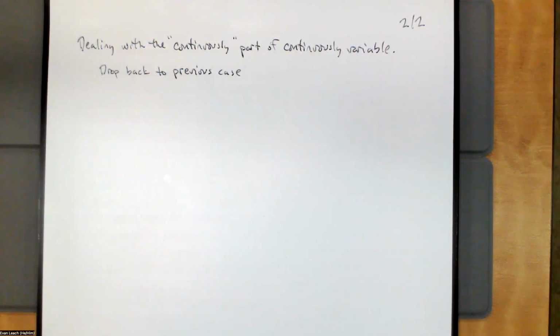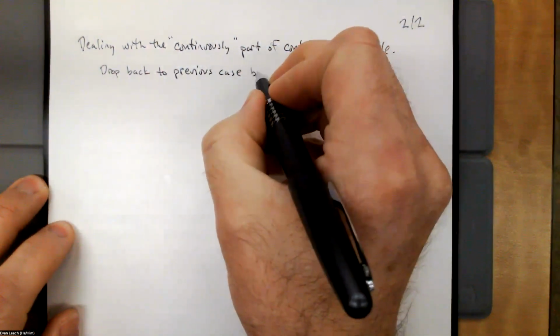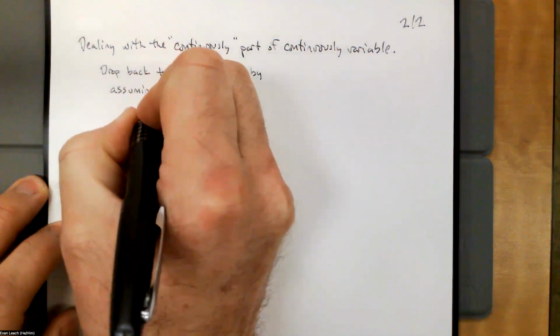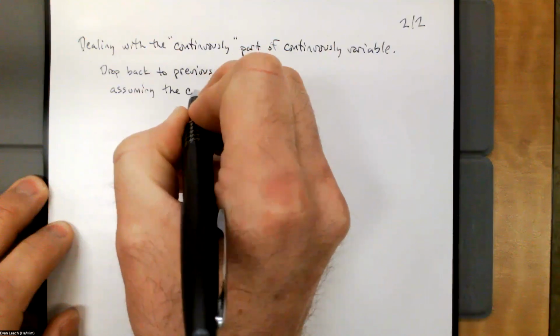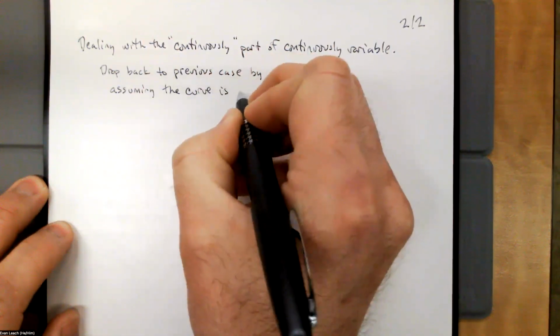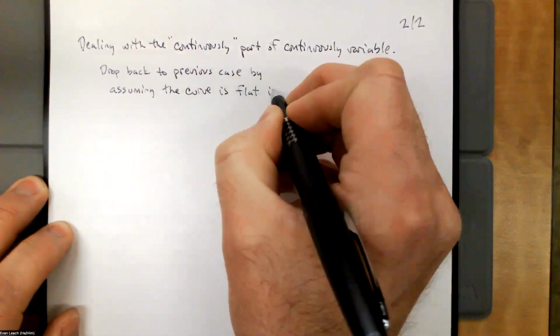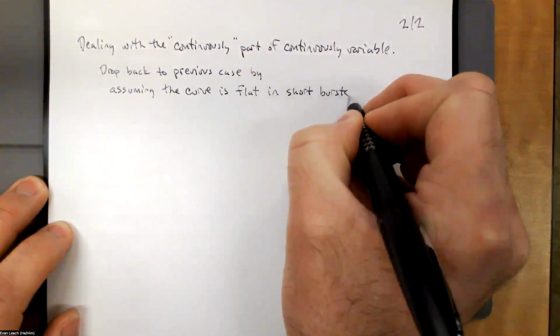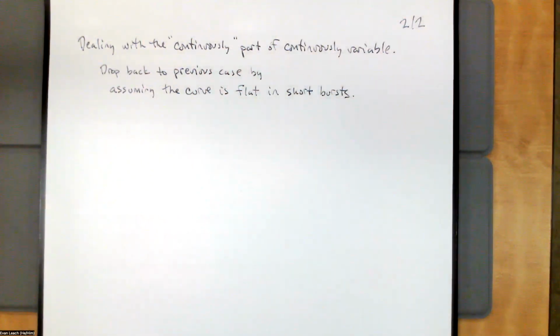What that looks like here is we're going to assume that the curve is flat in small chunks, flat in short bursts.